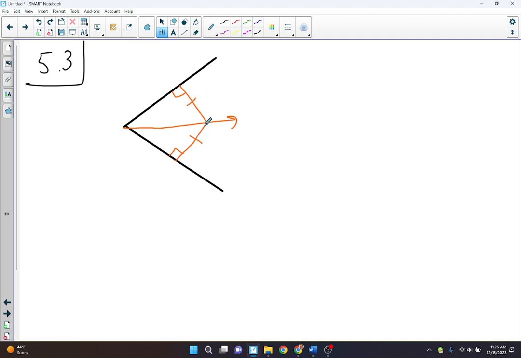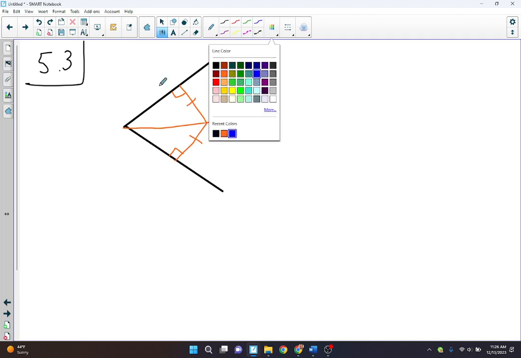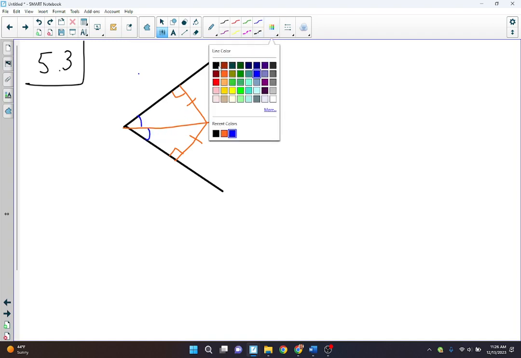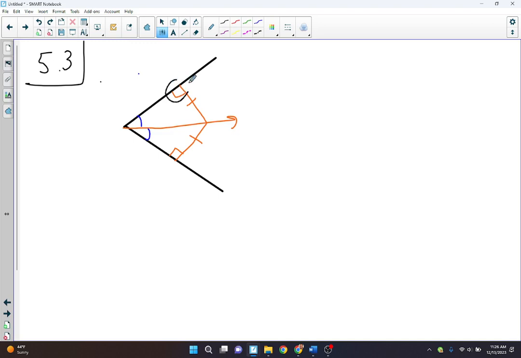So I can conclude that this line is a bisector, which means this angle equals this angle. You need to know that the line from the leg of the angle is perpendicular, and that they hit the same point. If you know the sides are equal, that means the angles are equal, and if you know the angles are equal, the sides are equal.